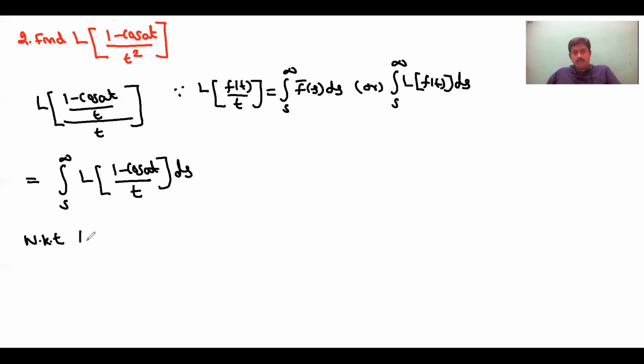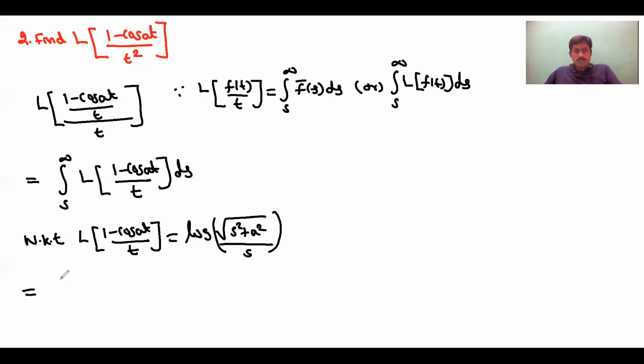We know that L of (1 minus cos at) by t equals log of square root of s square plus a square divided by s. Applying this here, we get the integral from s to infinity of log of square root of s square plus a square divided by s ds.